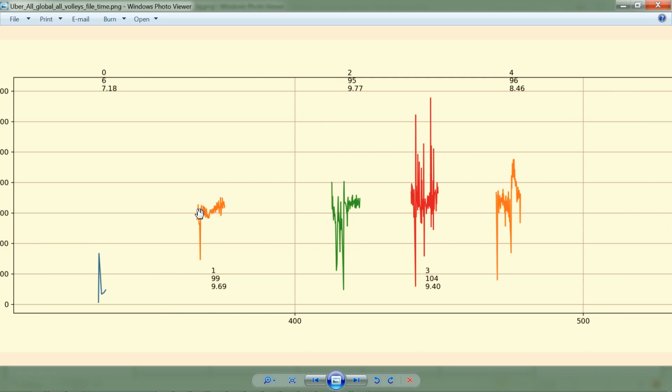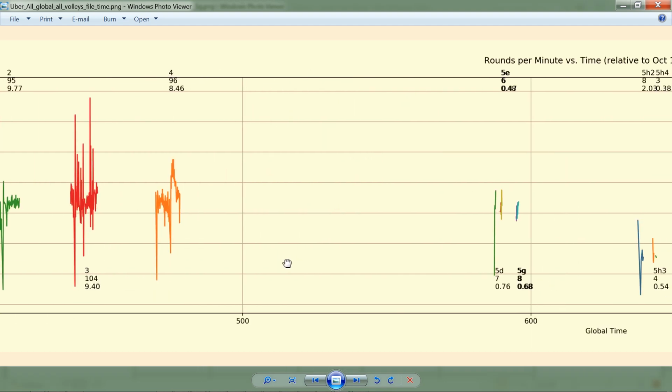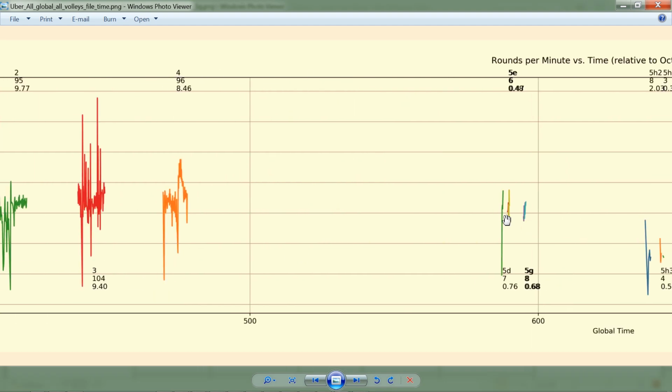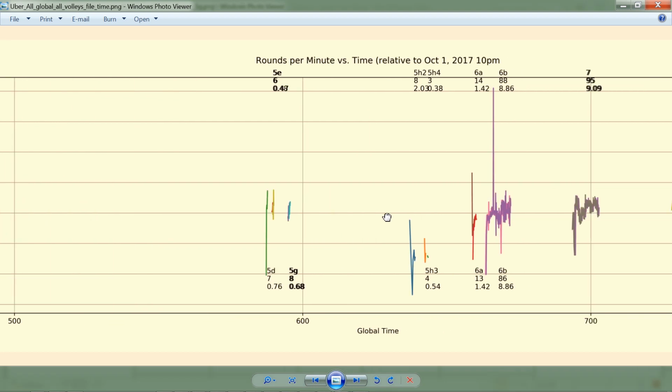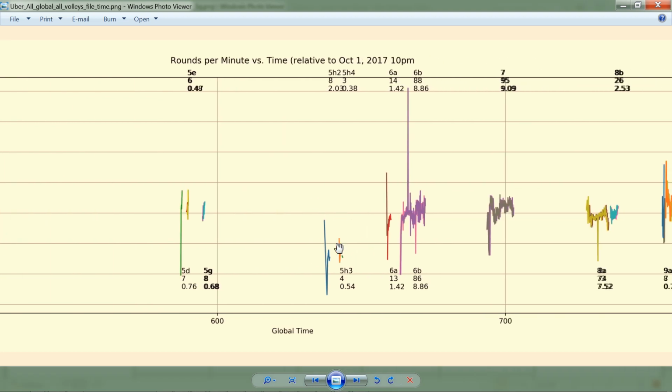We can see that this is volley 1, 2, 3, 4. There's a gap. Sometime later we get volley 5, which consists of 3 bursts. Sometime later we get a volley which again consists of 2 or 3 little bursts, and those are the hallway shots. And then we get volley 6, which consists of 2 different subsets.